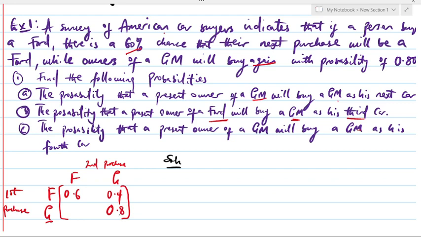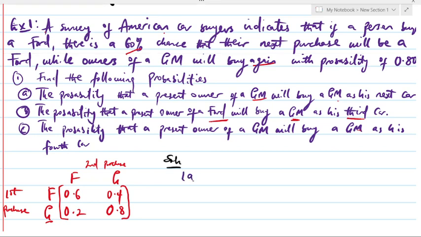They will buy GM again, 0.8. That means there will be 0.2 probability of them buying Ford for their second purchase. And with that, we can now move to the questions we are asked to solve.